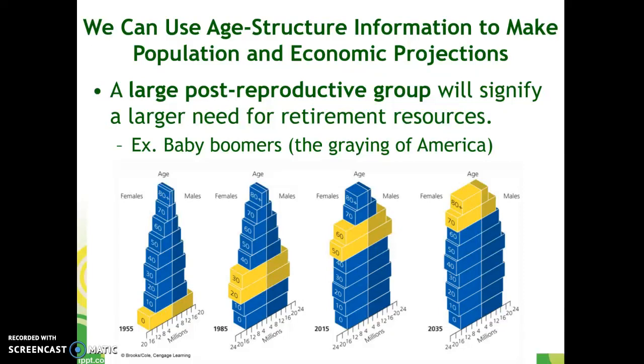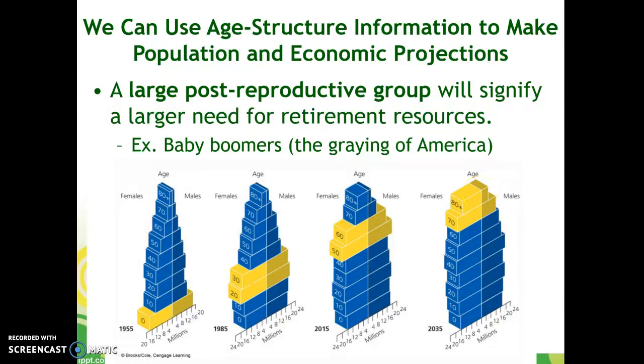An example here is our baby boomers. We had a big increase in about 1955 of young individuals that when they hit the 1980s, 1985s, had a bunch of kids, and now they're reaching that 50 to 60 age group, and soon they'll be reaching the 70 to 80 plus.